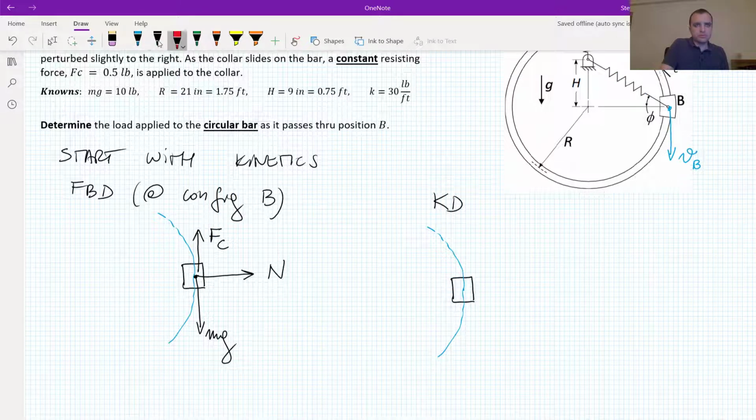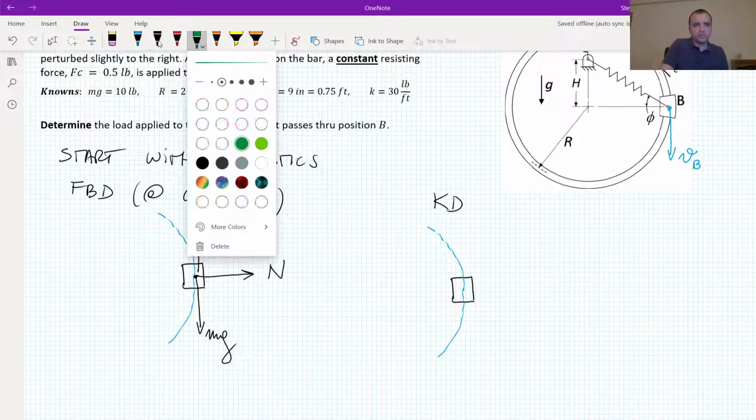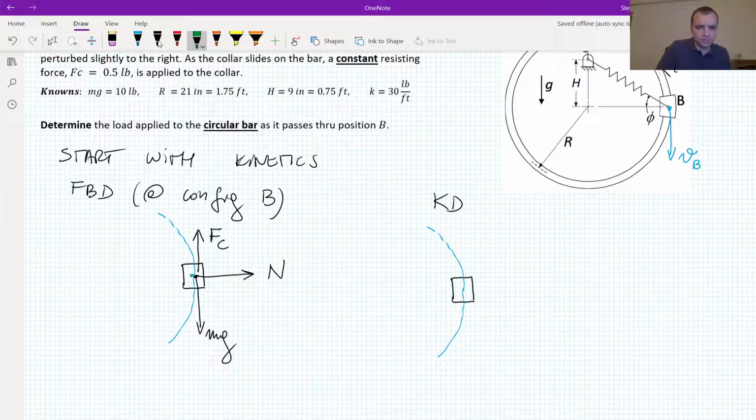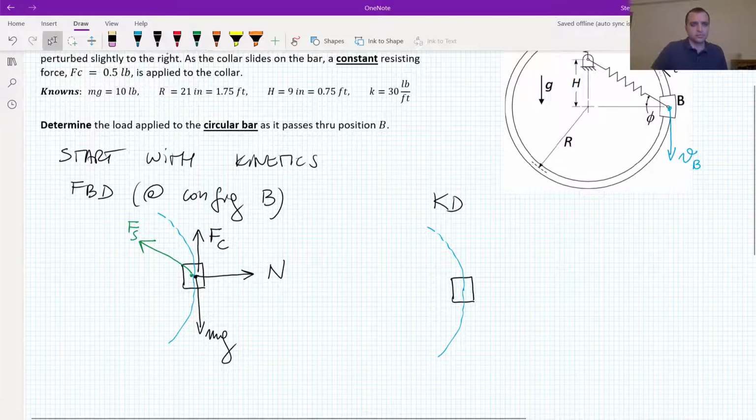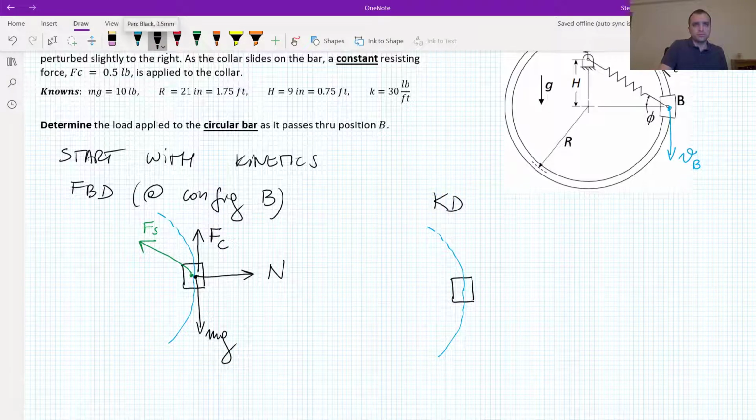So this will be, let me maybe use green color for that, force, let's say Fs. Let me put it maybe here. And this is that angle, I think phi. Yes.